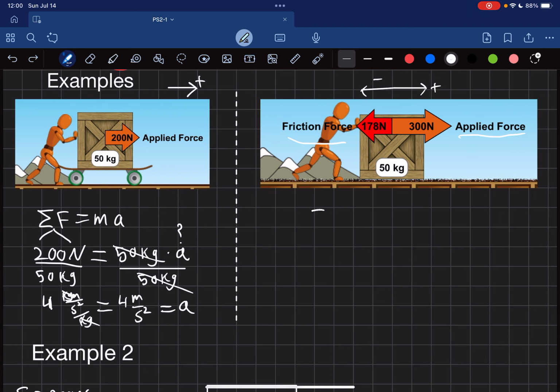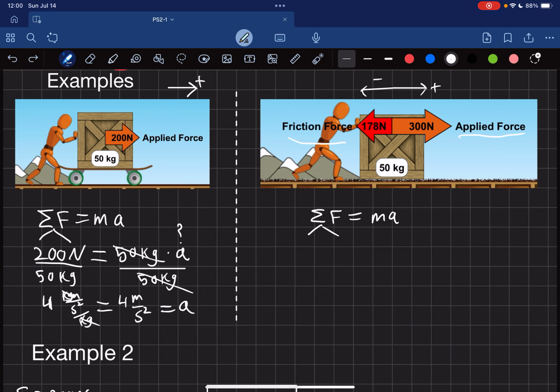Let's start every physics problem, or almost every physics problem, with writing Newton's second law. Sum of all forces equals mass times acceleration. Next, we're going to break this sigma out into what it is made of. Sigma, again, means sum of all, so we're going to add up all the forces.